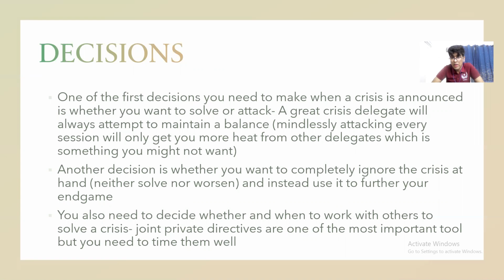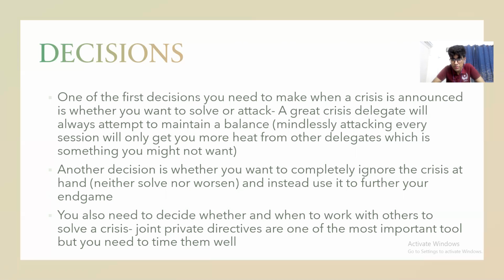So now let's talk about decisions that you need to make in a crisis committee. The first decision that you need to make, whenever a crisis is announced, is do you want to solve or attack? A solve is ideally important because you need to get in. So if the chair is a particular personality, for example, a president or a military leader, then by solving the crisis, you're ideally gaining prestige in their eyes, right?